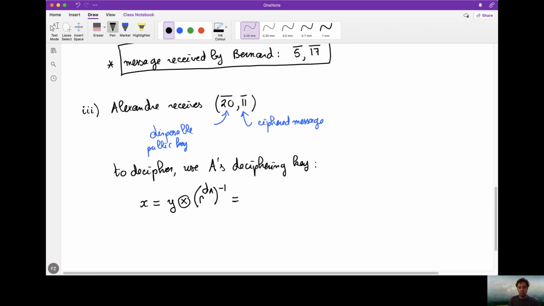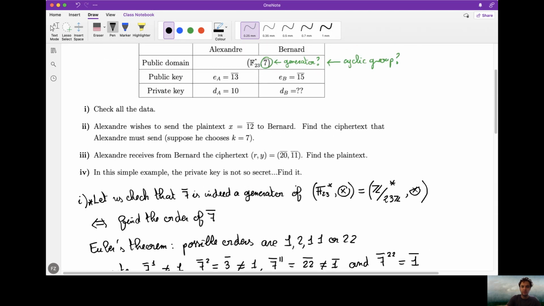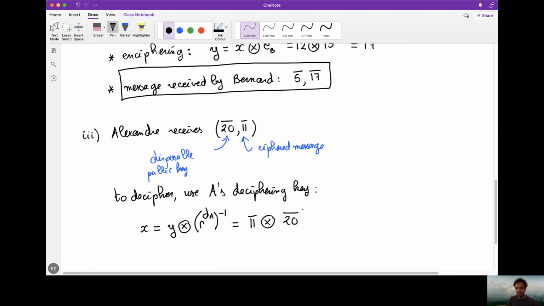Okay, so in fact the computation is 11 multiplied by 20 to the power, so the A was here 10, and the whole thing to the power -1, okay?